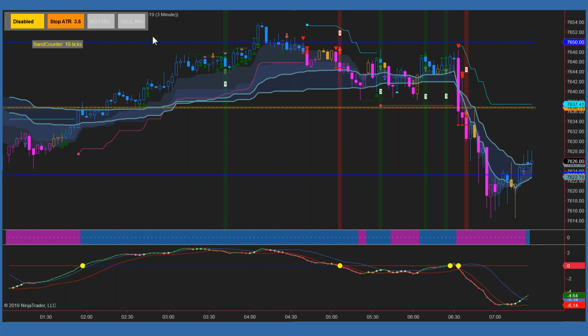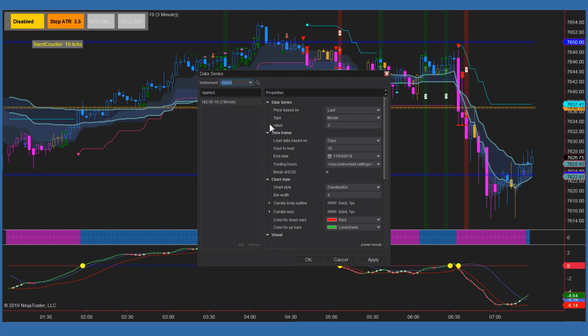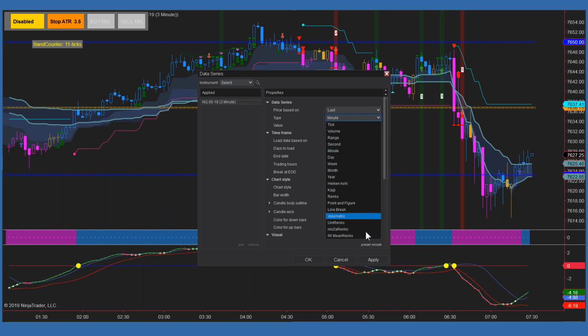But honestly, if you're going with a time-based chart and you don't want to pay extra for the tick data, it's looking like a 3-minute chart may be the way to go. I was always a fan of time-based charts.